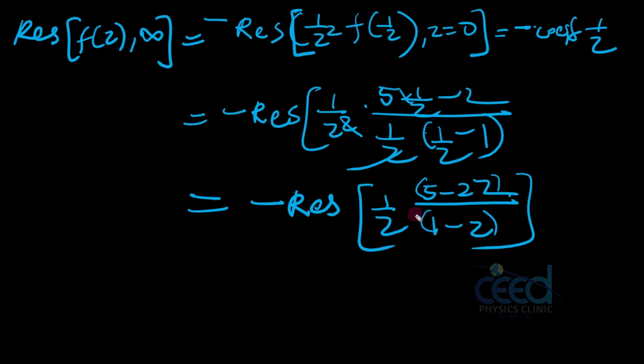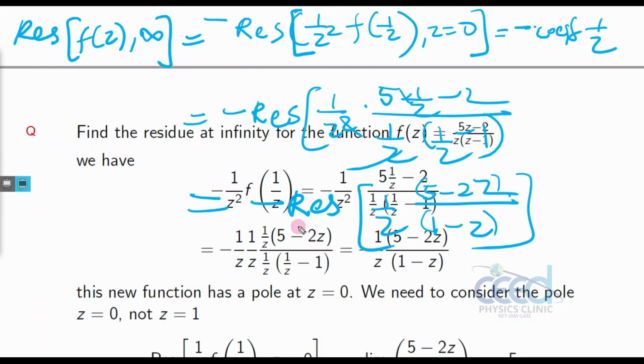Now how can I calculate the residue of this? I have the expression as minus 1 by z into (5 minus 2z) by (1 minus z). So I can calculate the negative residue of this function.